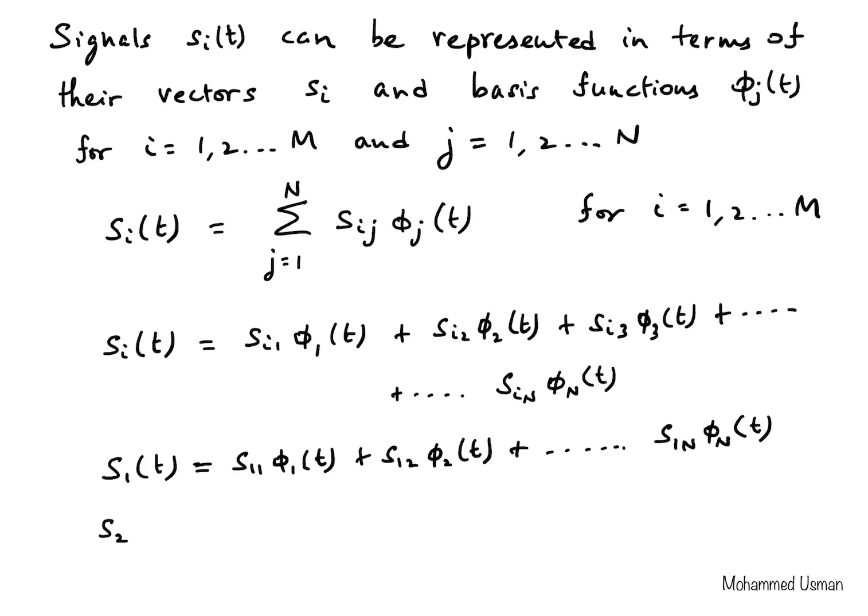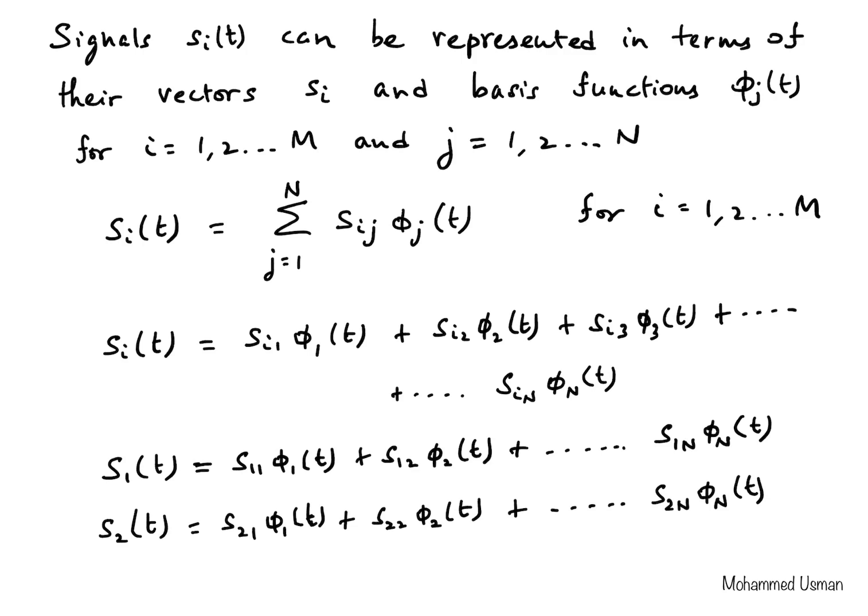Similarly, we can express S2 of t as S21 phi 1 of t plus S22 phi 2 of t plus so on and so forth up to S2n phi n of t, and similarly we can do for S3, S4 and so on.